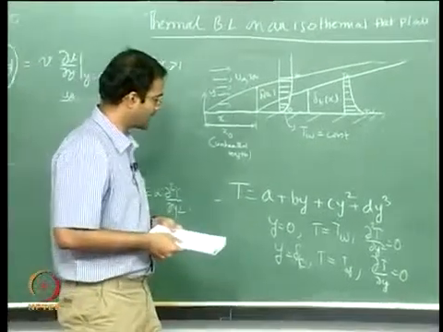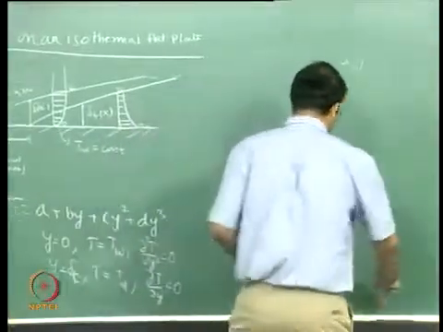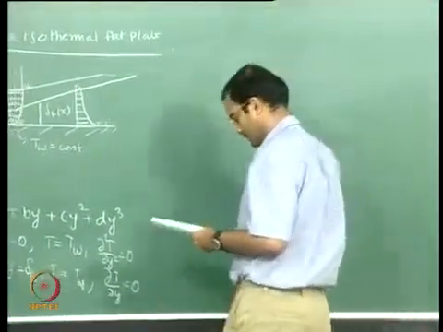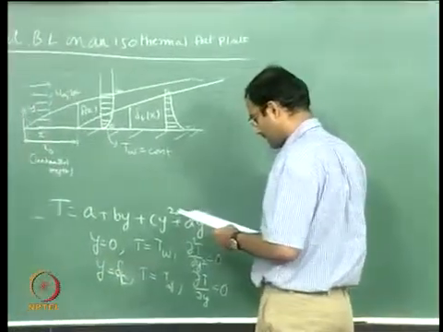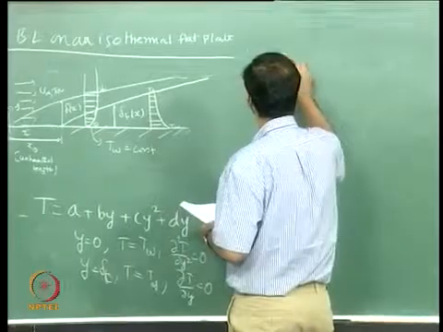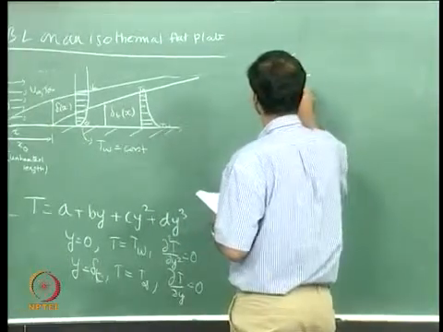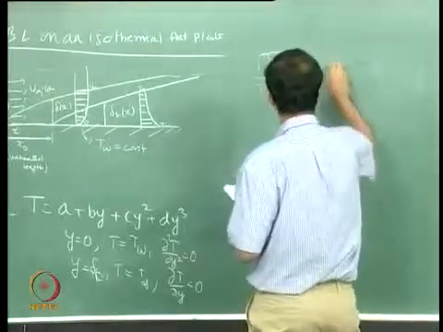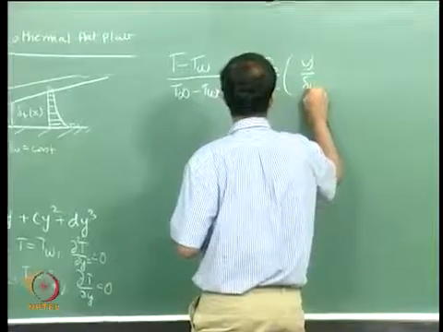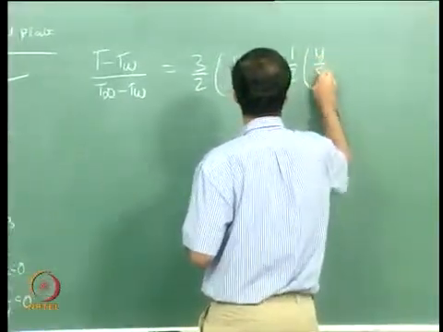So you have 4 most important boundary conditions, and if you substitute them into the profile, you should get a profile something like (T minus T wall) by (T infinity minus T wall) equals 3 by 2 y by delta T minus half (y by delta T) the whole cube.